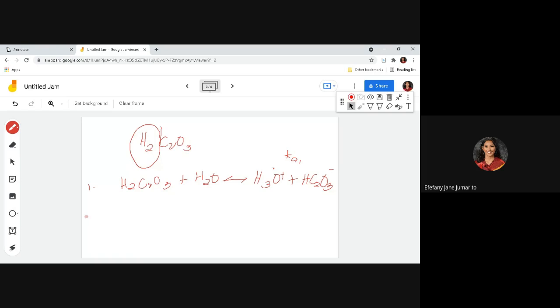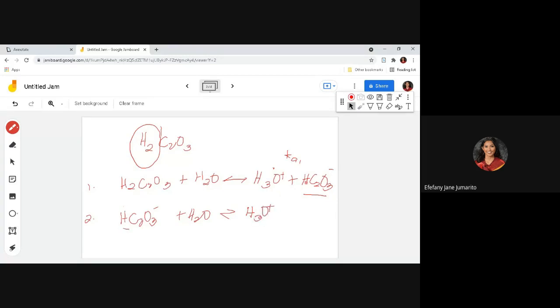And for the second ionization, we will use this one. So HC2O3 minus plus H2O, then the product will be, it will donate H3O plus.